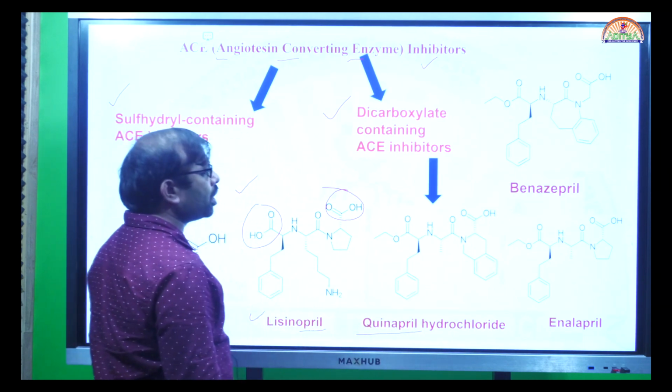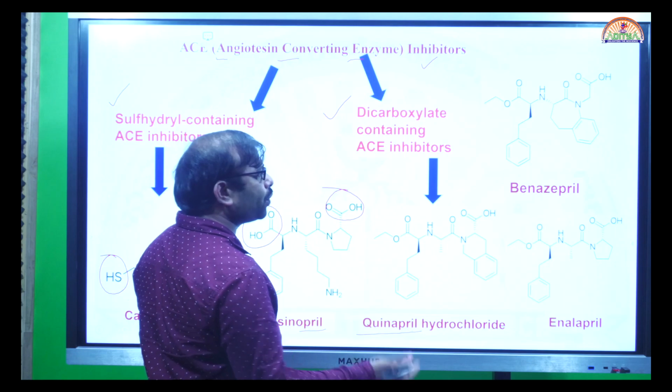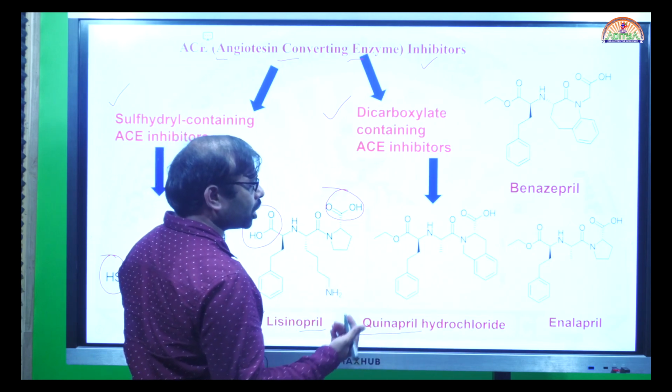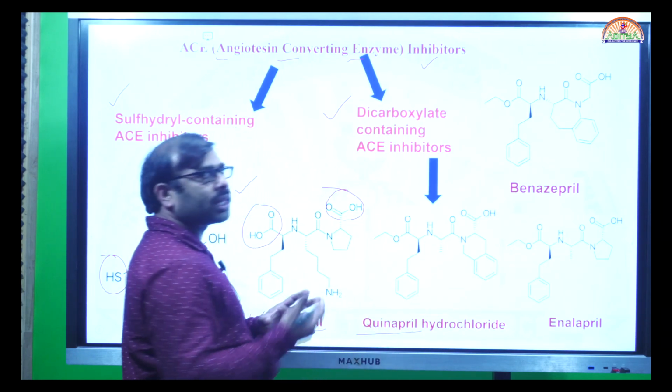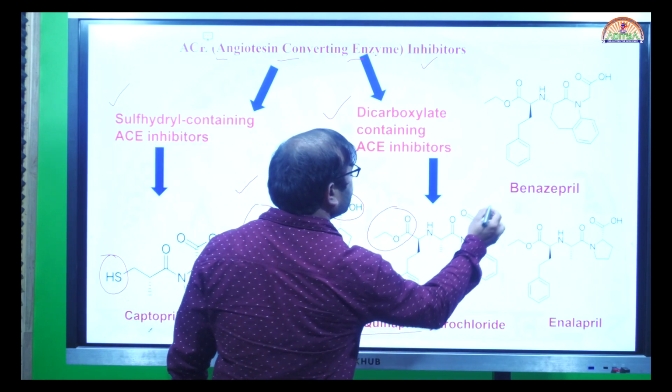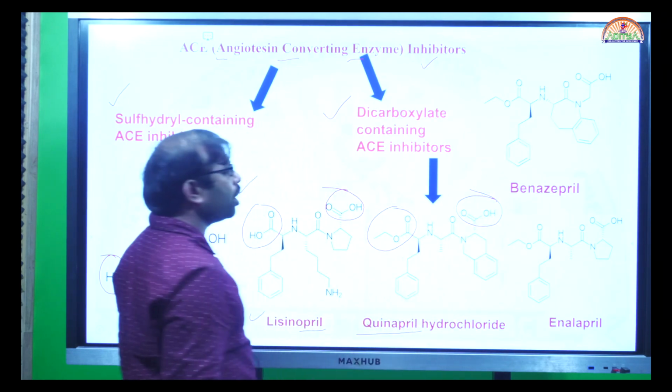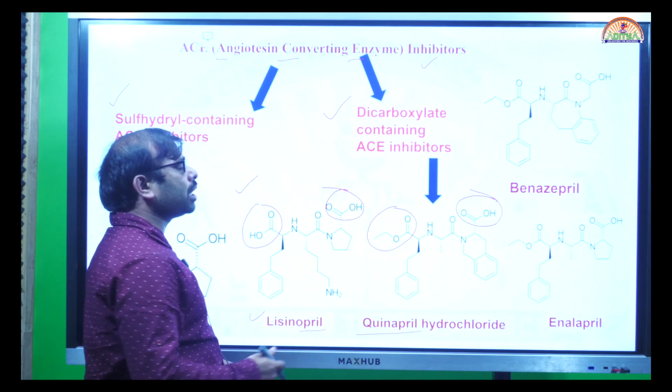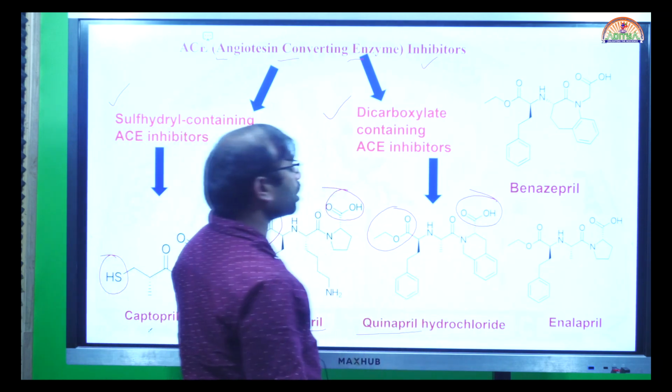Quinapril indicates it is a quinoline-containing important molecule, and it also has the dicarboxylate group. One is a carboxylate in the protected form of ethyl ester, another is in the free form of carboxylic acid.